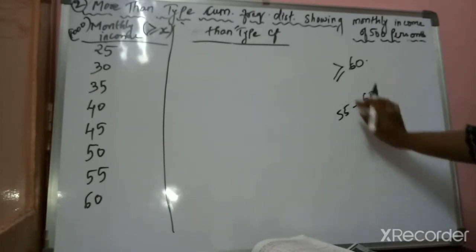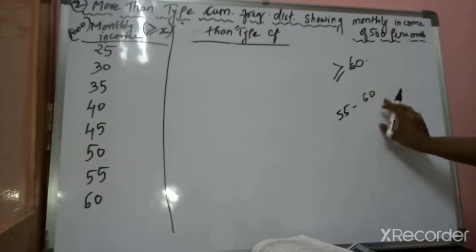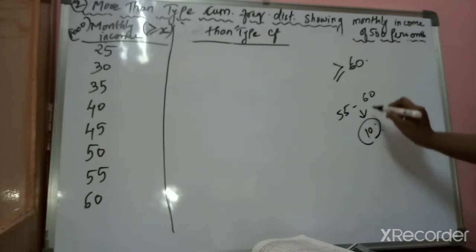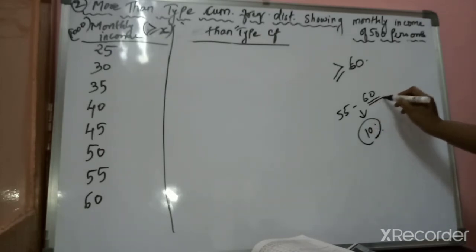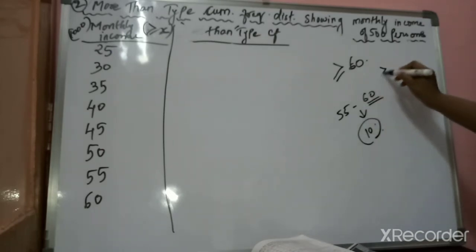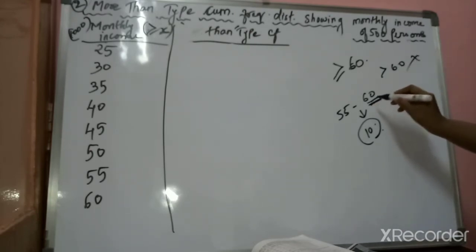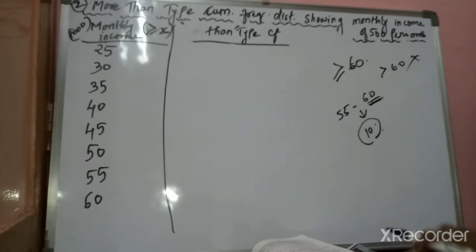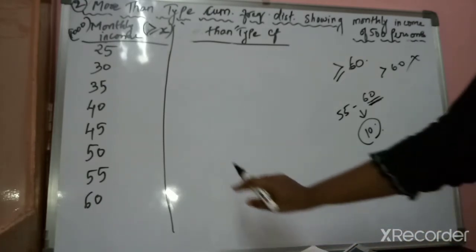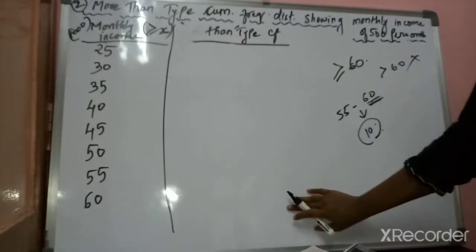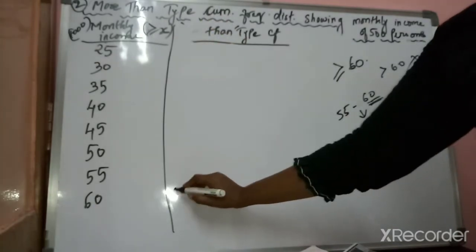So more than or equal to 60, this we cannot say. The frequency for this is 10. But how can we say that this is equal to 60? See, first of all, more than 60 we cannot say, right? Equal to 60, it's not possible for us to say. So that is why in the more than type category, the last value downward would always be 0.